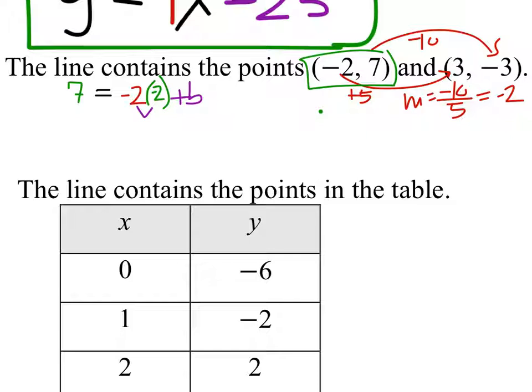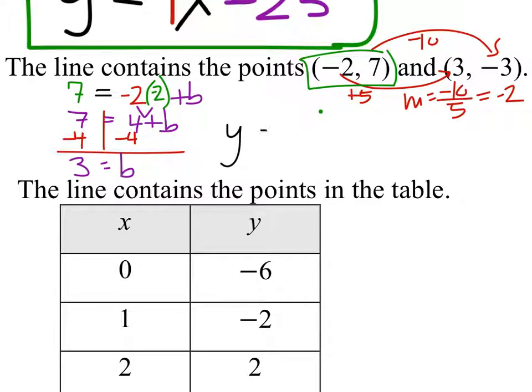Solving, negative 2 times negative 2 is 4. 4 plus b equals 7. We subtract 4 from both sides and we get b equals 3. So we can write the equation now. y equals m, which is negative 2, times x, and the b value we had was a positive 3.